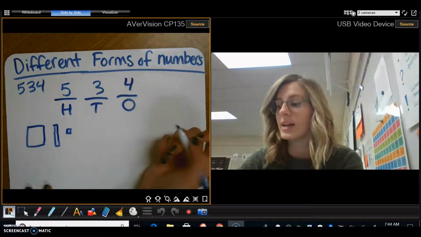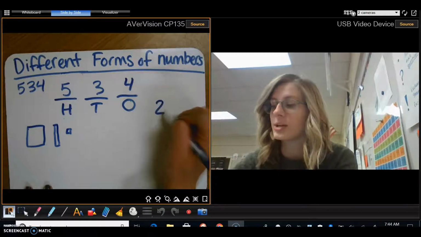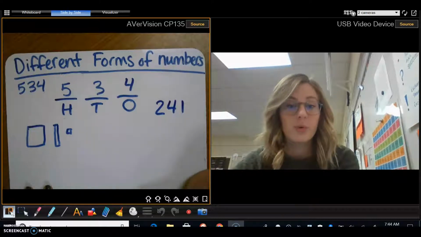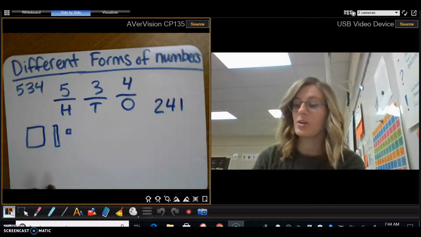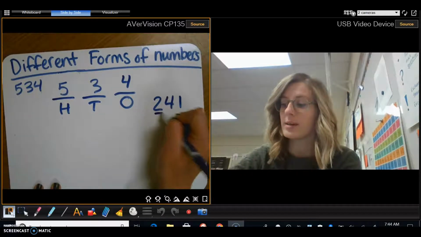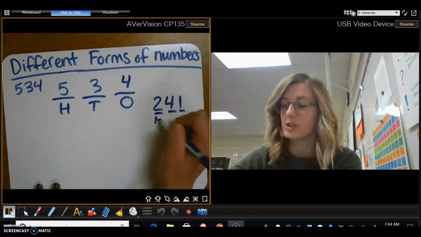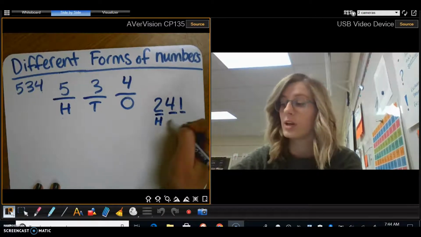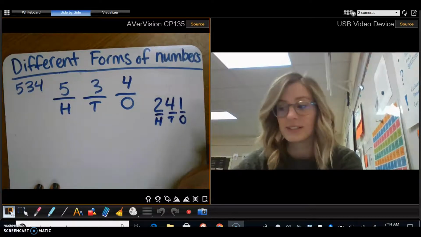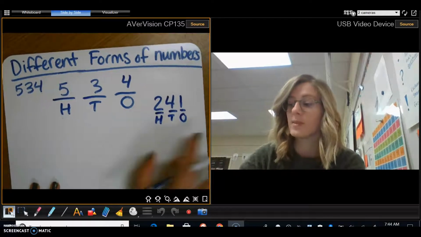So if my number is, let's say, 241, and I'm going to erase these for the time being, I need to think about my place value, right? So we have 200, 40 is in our tens place, and 1 is in our ones place. So I need to draw how many hundreds?